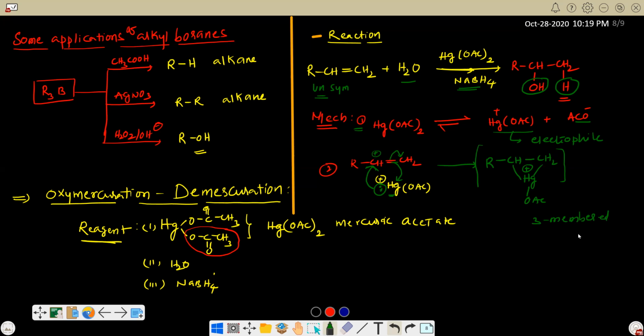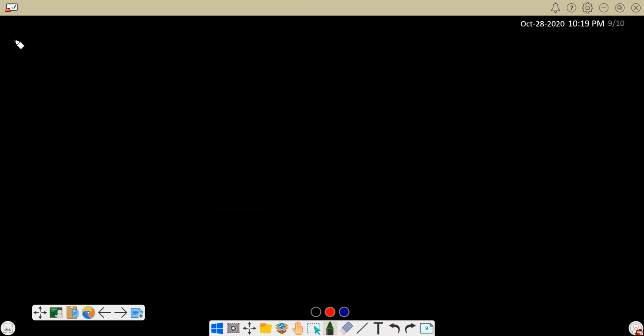Three-membered ring is formed. Done? Fine. So in the next step, what happens? That three-membered ring, RCH, CH, mercury with plus charge, OAc is there, being like this.